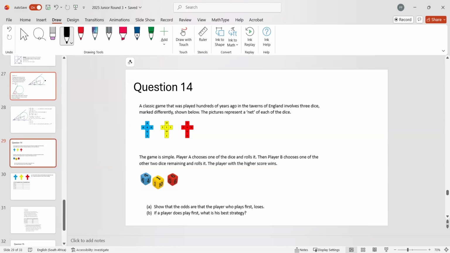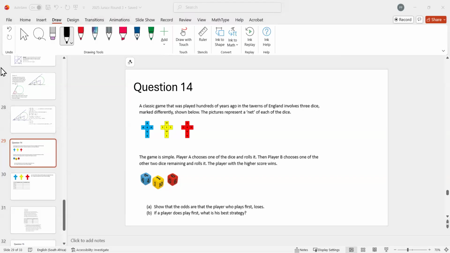Now both of them roll it, and the player with the highest score wins. So they play a game, and the player with the highest score wins. Now, the problem says show that the odds are that the player who plays first loses. Now this is not an easy problem. Hopefully you understood exactly what it is.